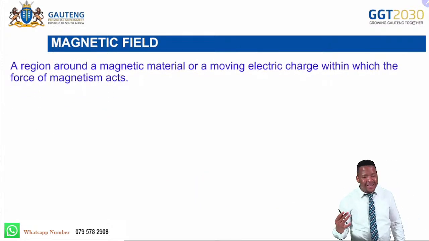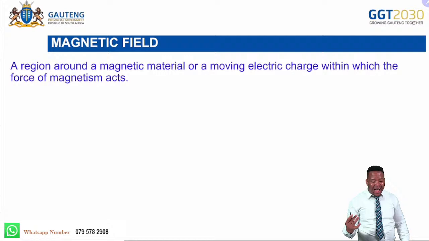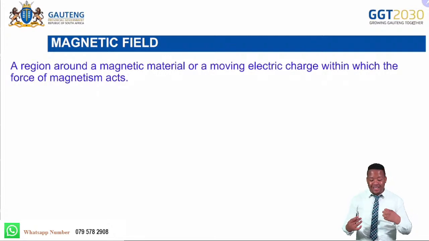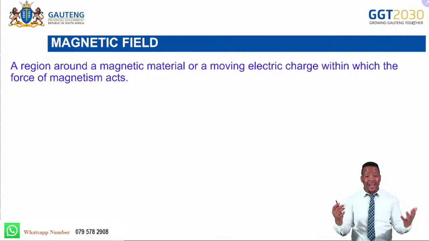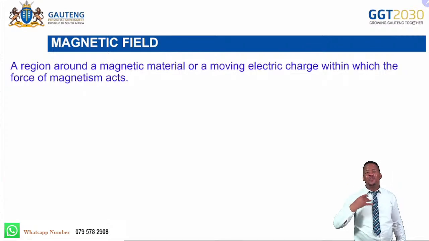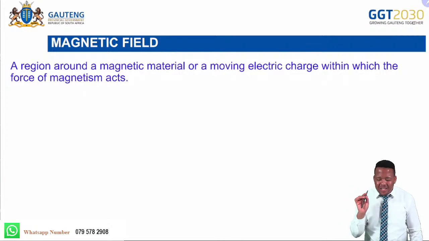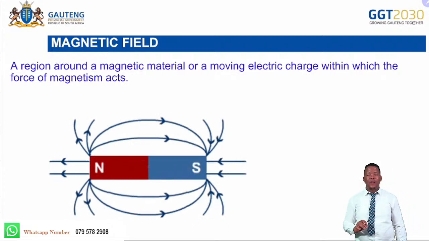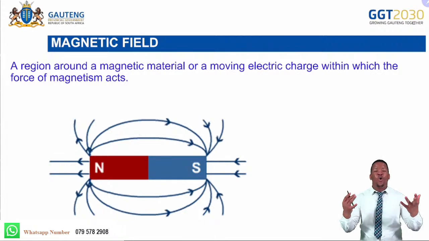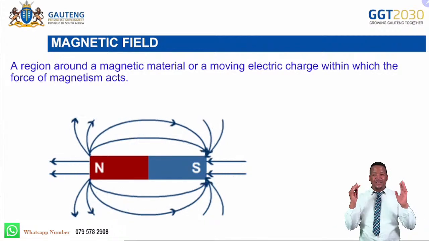A magnetic field is a region around a magnetic material or a moving electric charge within which the force of magnetism acts. So whenever they say draw a diagram of a magnetic field, this is what we are referring to, right? This is a diagram that illustrates the magnetic field.